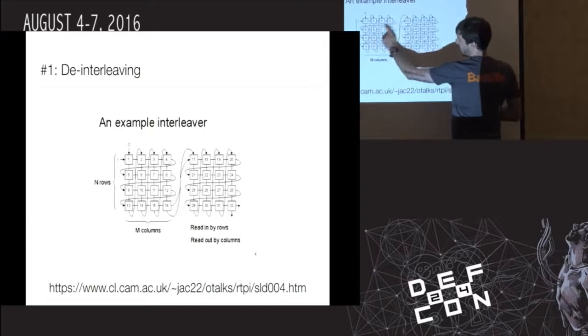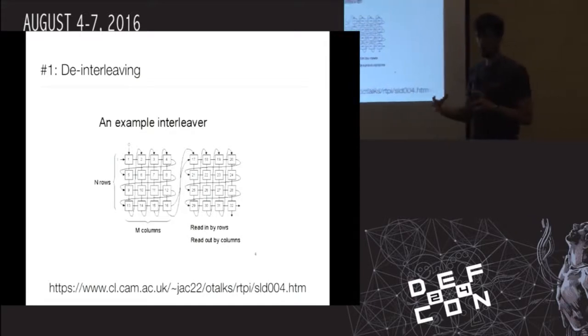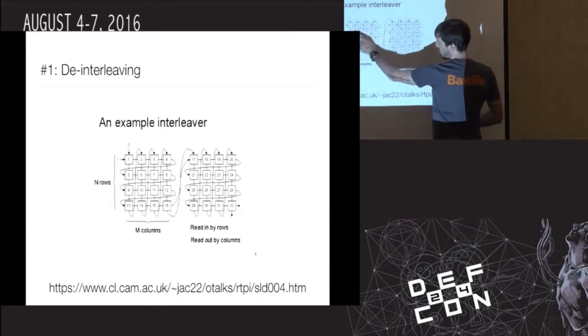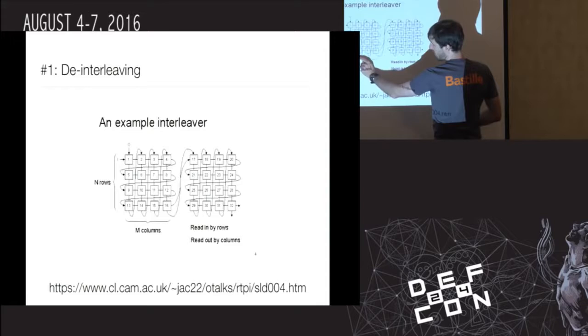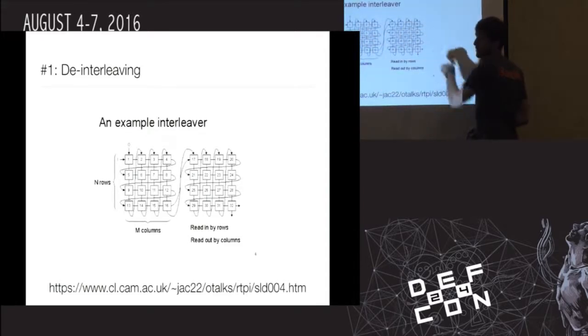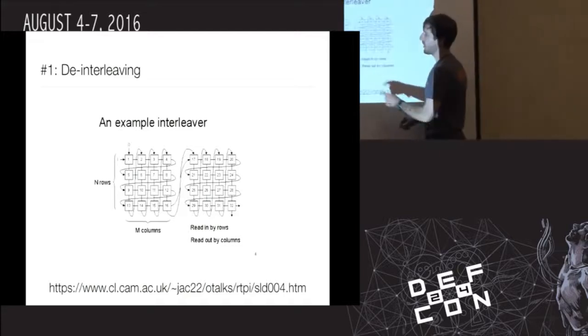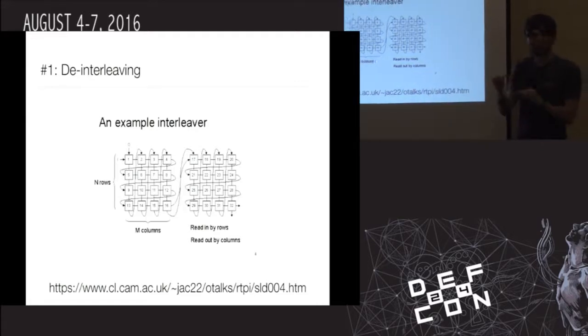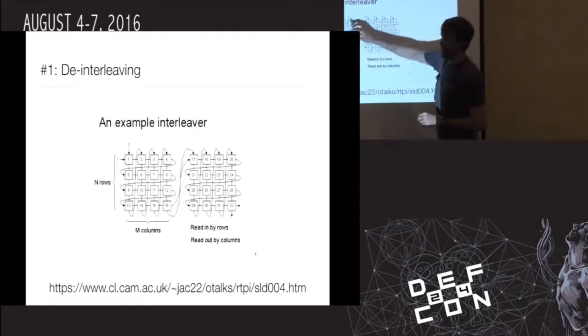So we write across each row, and once the interleaver is full, then we read out column-wise. So instead of going the same way, we go 1, 5, 9, 13, and so on like this, until we've read out each of the columns. And what we've effectively done there is, instead of having 1 and 2 next to one another, we've got 1 and 5. So we've redistributed them temporally, because, remember, we've also got forward error correction on this.